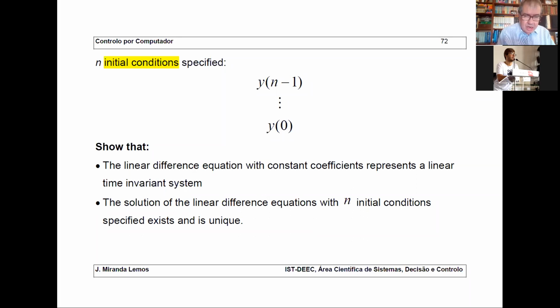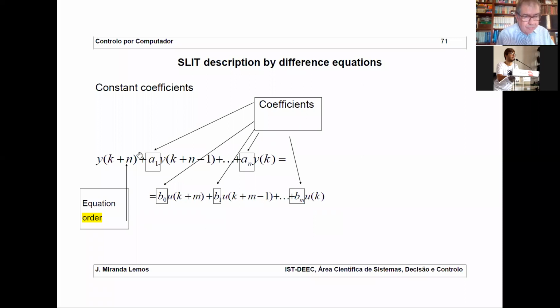So let's explain this a little bit better. What is the idea here? You start with some initial conditions, and your initial conditions must be n. N, remember, is the maximum delay or advance of y. So if you look here, you are expressing y of k plus n as a linear combination of the previous values of y, plus the past samples of u.